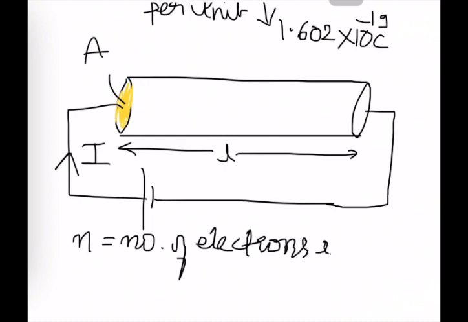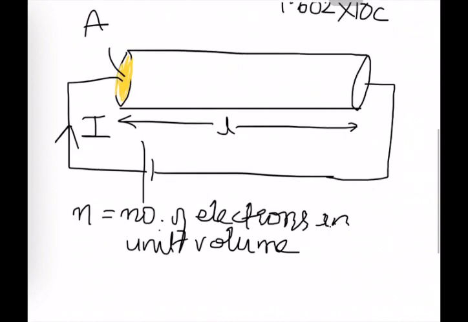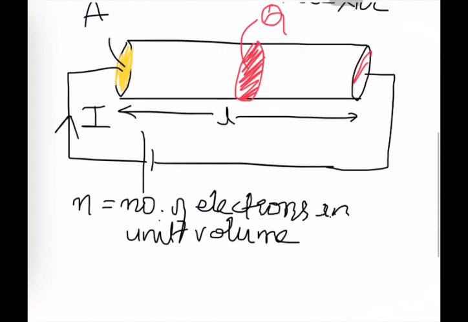Let us assume that Q is the charge passing through this cross section in a time t.